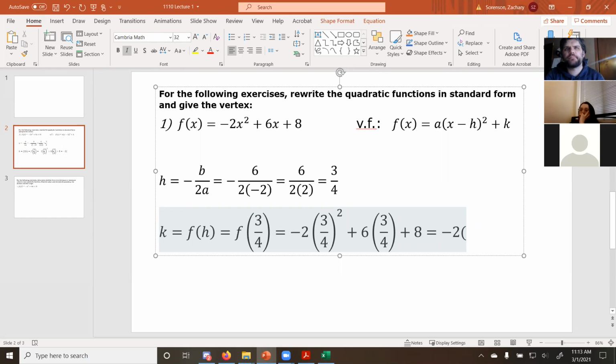How'd you get that? You're just multiplying the 3 by 3 and then 4 by 4 on the bottom, so doing the numerator and the denominator separately. Yeah. When we're squaring a fraction, sometimes you say, I don't know how to square fractions, that's kind of scary. Well, it's actually not too bad. You can square the top, square the bottom, and then you'll get your final answer. So 3 squared is 9. 4 squared is 16.